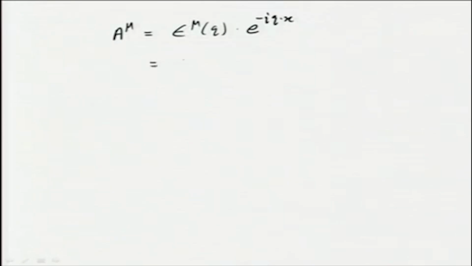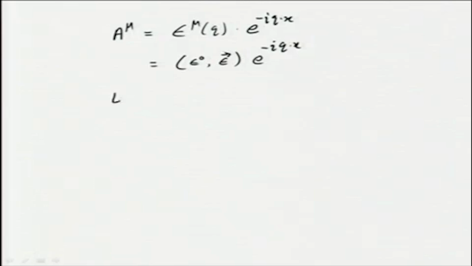Let me write this epsilon mu as epsilon 0 and 3 vector epsilon, e power minus I q x. I have not explicitly written the q dependence on the epsilon now, it is understood that it depends on q. It is just for the sake of clarity that we are not adding the bracket with q there.